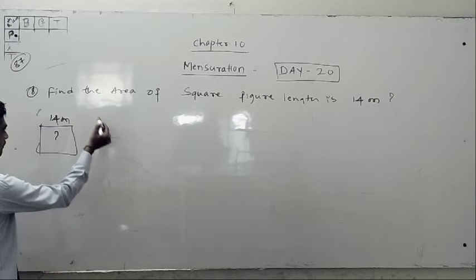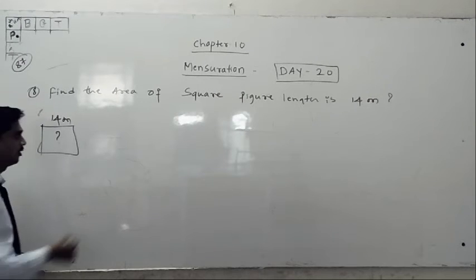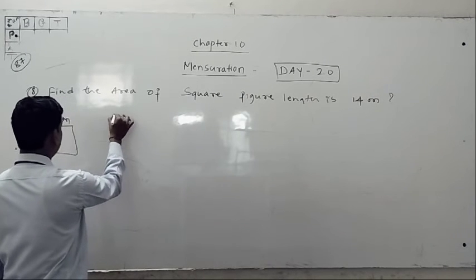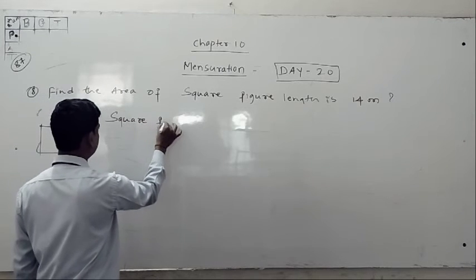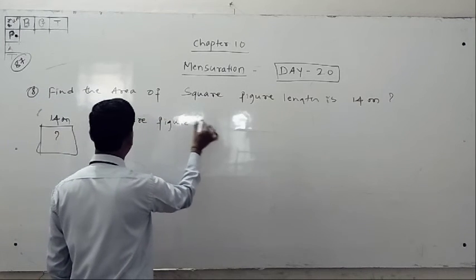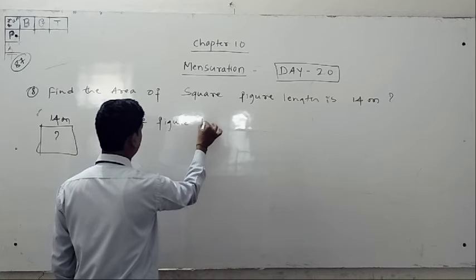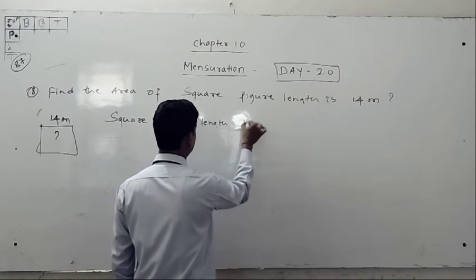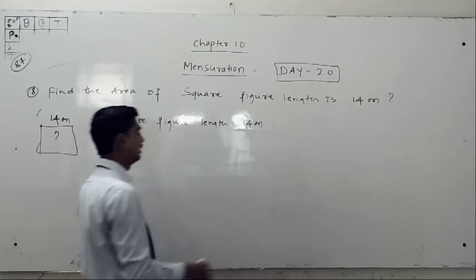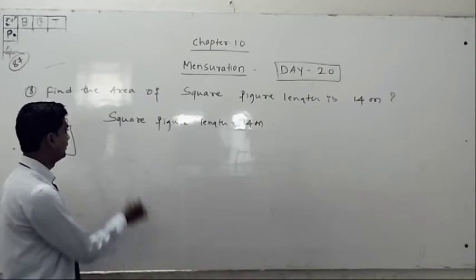Afterwards, first of all, what is given there? I have to write there. Square figure length is equal to 14 meter.